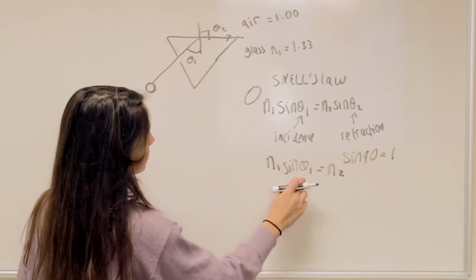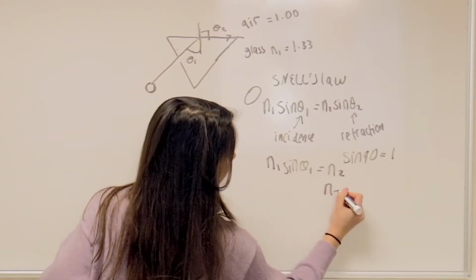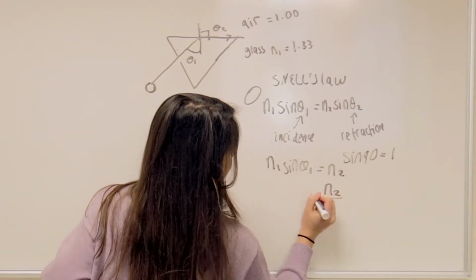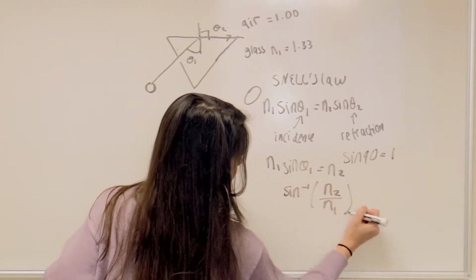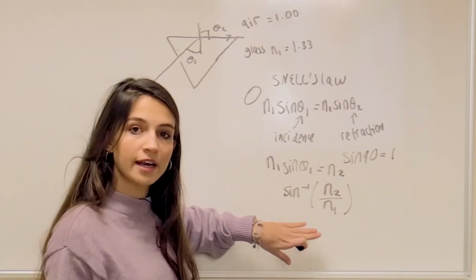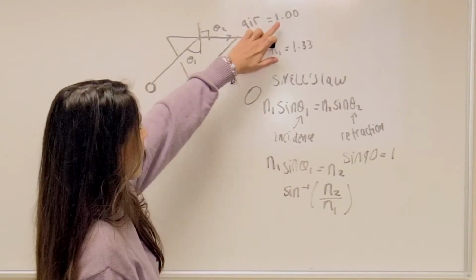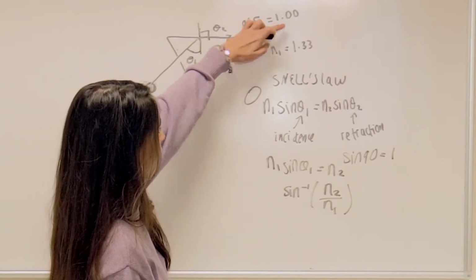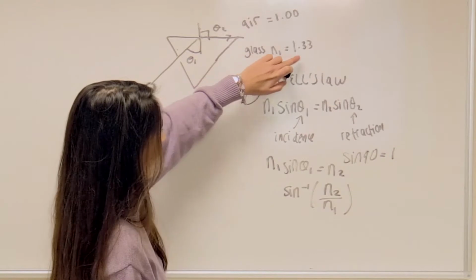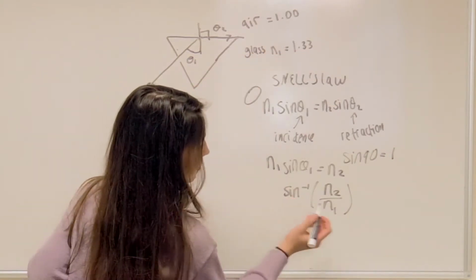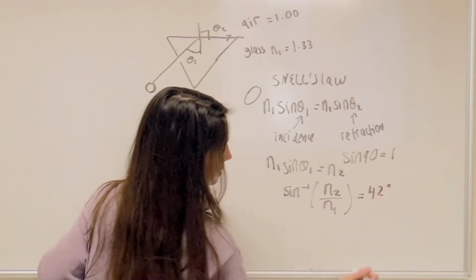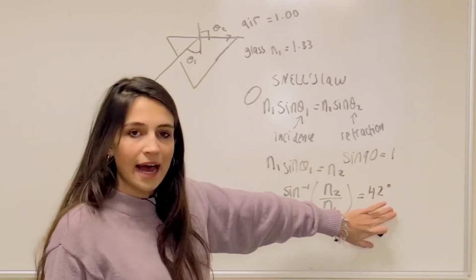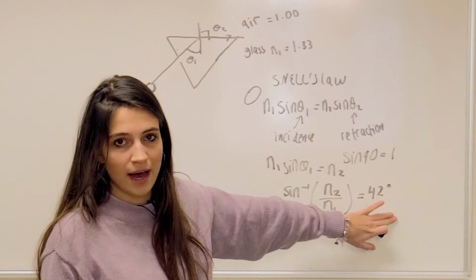In order to find theta 1, we just divide N2 by N1 and take the inverse sine of it. And if we plug in our numbers, i.e. air was N2 at 1 and glass was N1 at 1.33, then we get that this is 42 degrees. And this angle we call the critical angle.